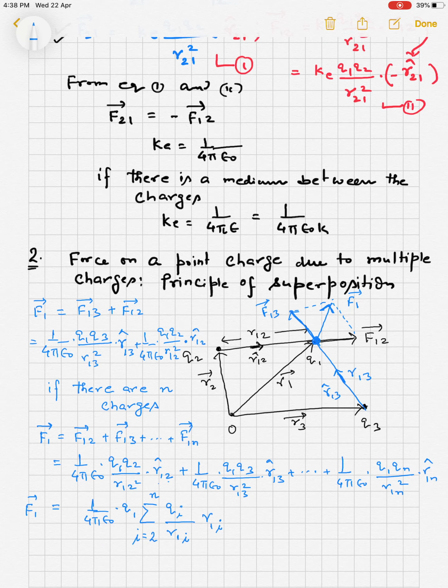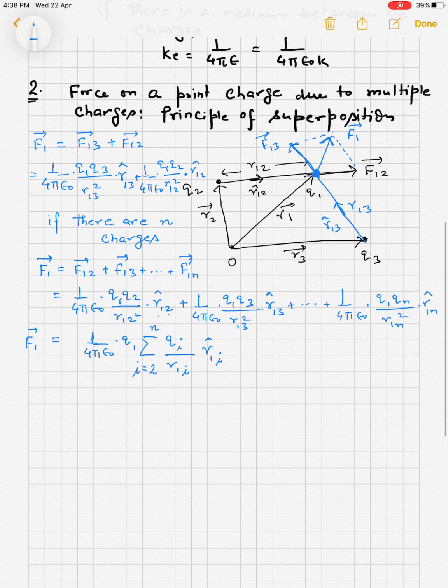So in summation form, it is 1 upon 4 pi epsilon naught q1 summation qi upon r1i square into r1i unit vector. So in this way we can find the net force on a point charge due to multiple charges.